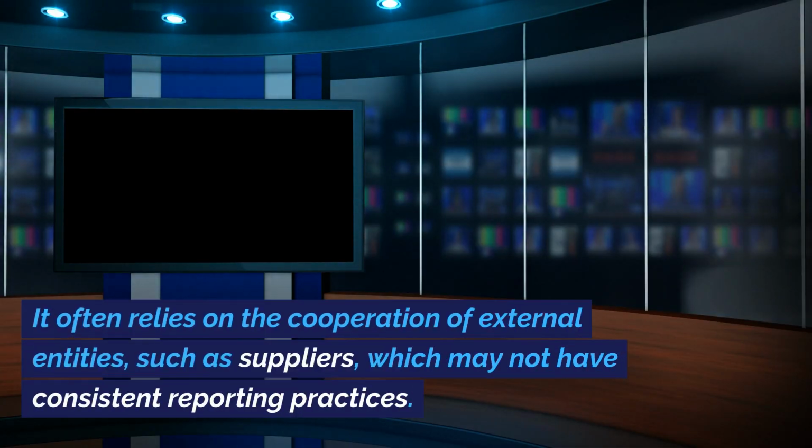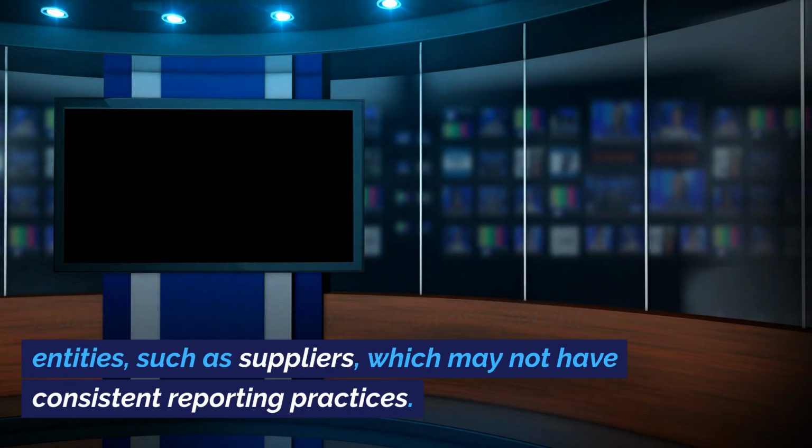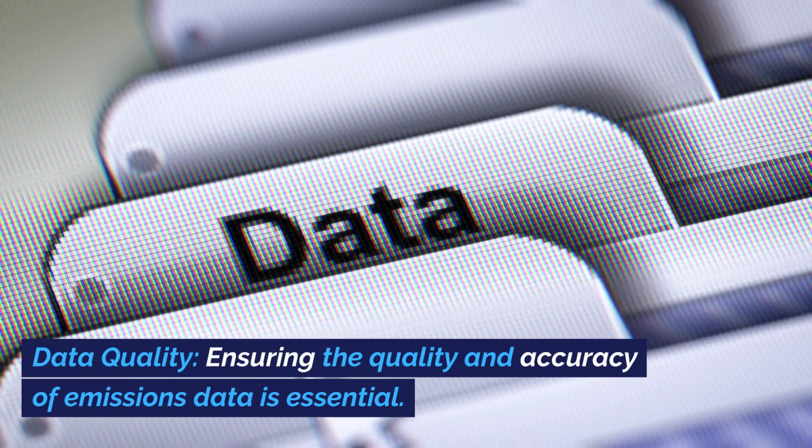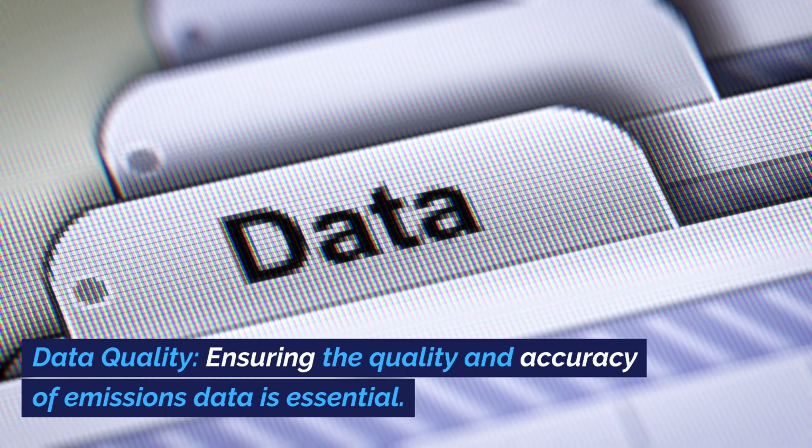It often relies on the cooperation of external entities such as suppliers, which may not have consistent reporting practices. The quality of the data can be a problem. Ensuring the quality and accuracy of emissions data is essential.